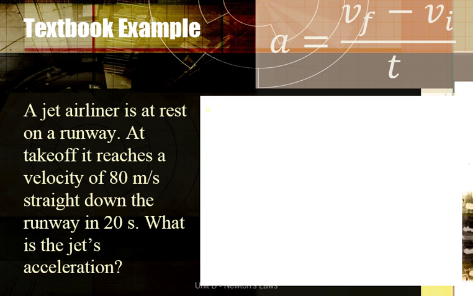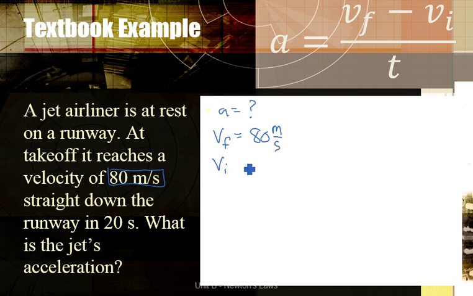The first thing we should do is write down all the variables. a is acceleration. We don't know that. That's what we must solve. Vf is the final velocity. The velocity of the jet airliner, once it reaches full speed, is 80 meters per second.